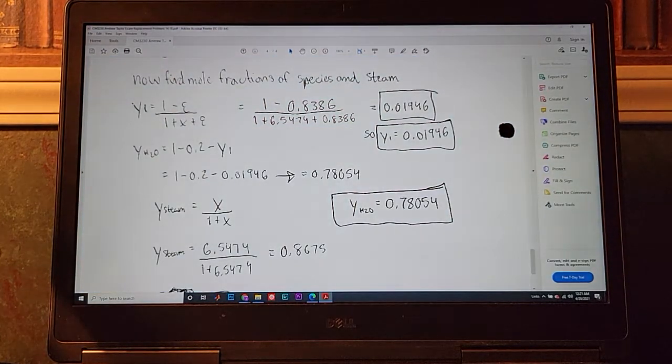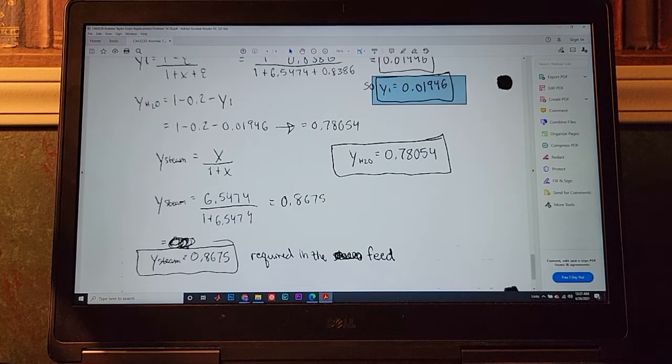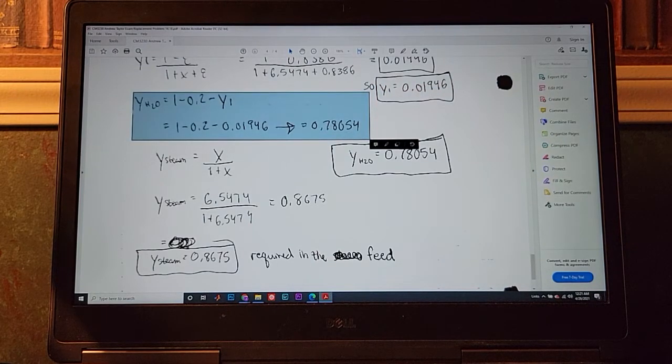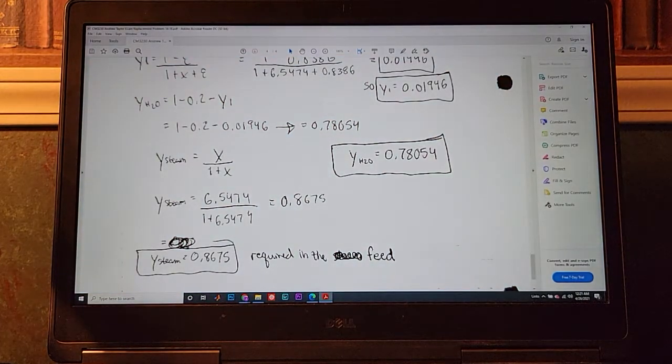We get Y1 equal to 0.01946. Scroll down, we see here we have our calculation for mole fraction of water, which turns out to be 0.78054.